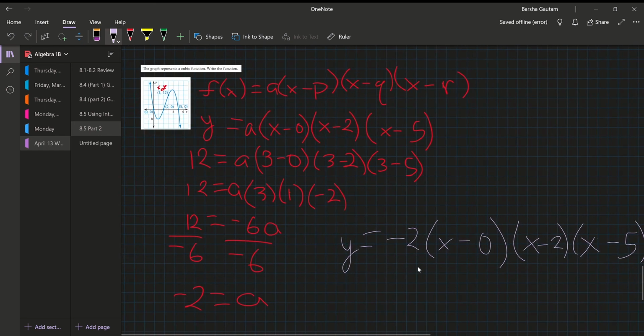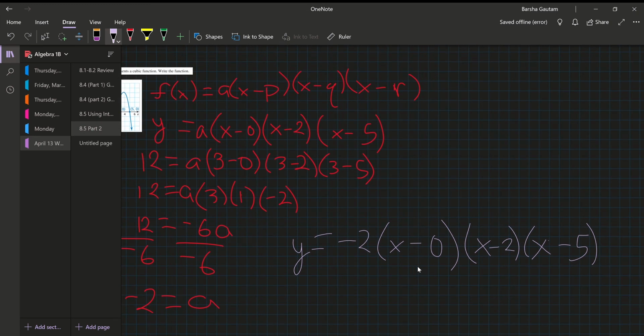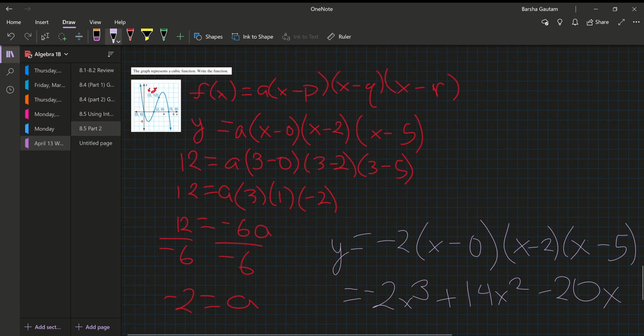Okay. And now we're going to go ahead and put this in standard form as well. So when we put in standard form, it'll look like this. Negative 2x to the power of 3 this time, right? Because we have 3 x's. And for this one, it might be useful to use the vertical method. You can also use the FOIL method, though. And that's it for today.